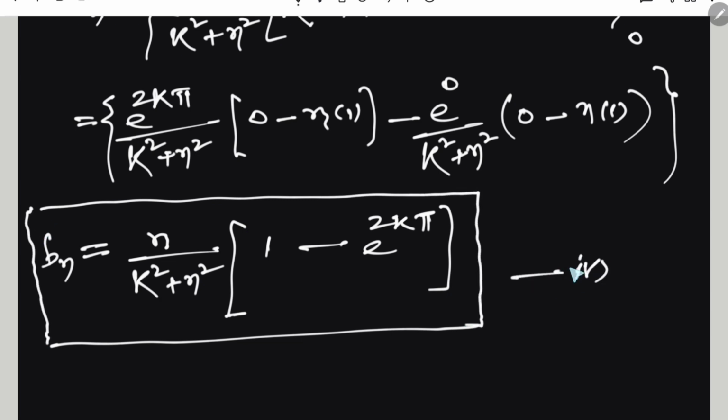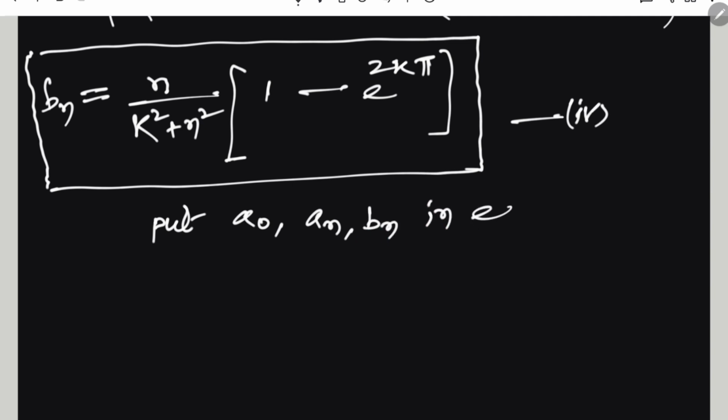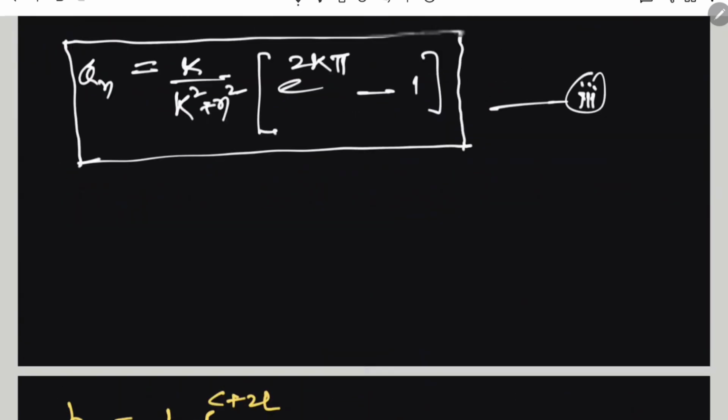Then substituting these three values of a0, an, bn in equation 1, we get the required Fourier series as f of x, here pi e raised to kx, is equal to a0.